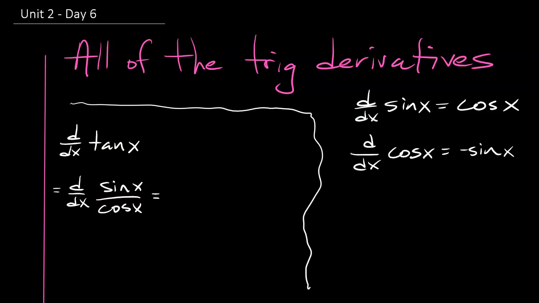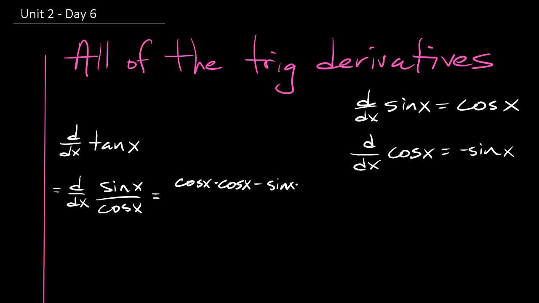So the quotient rule was g f prime, so derivative of sine, minus f g prime, and the derivative of g is negative sine, all over g squared.